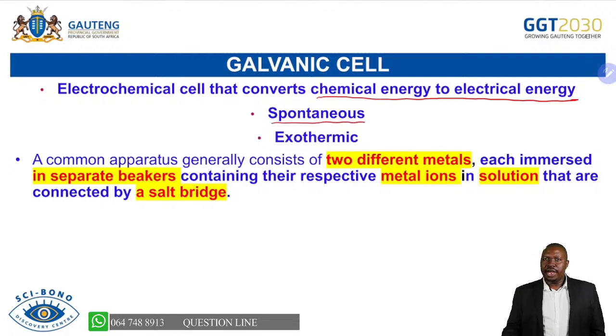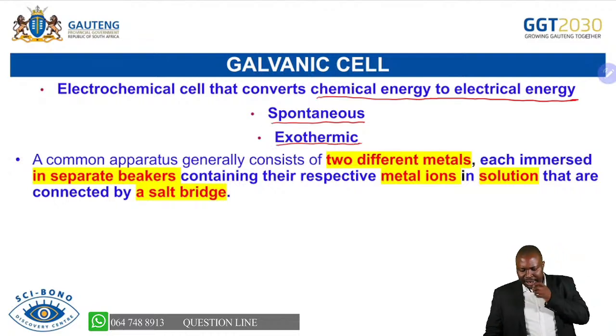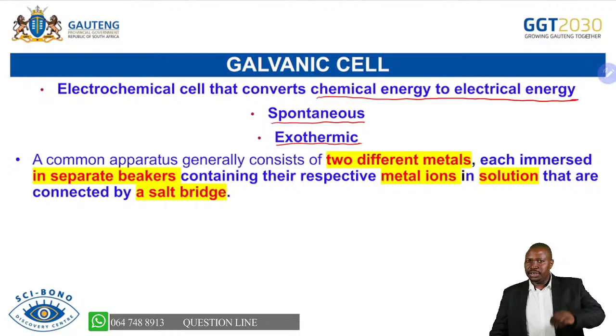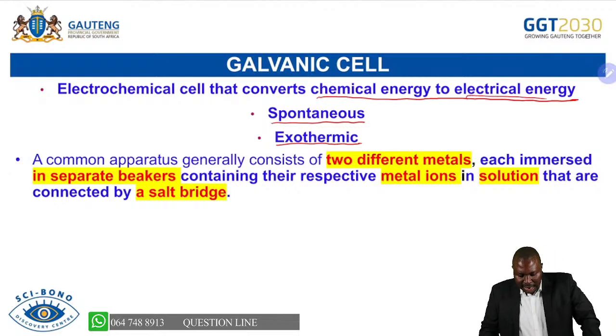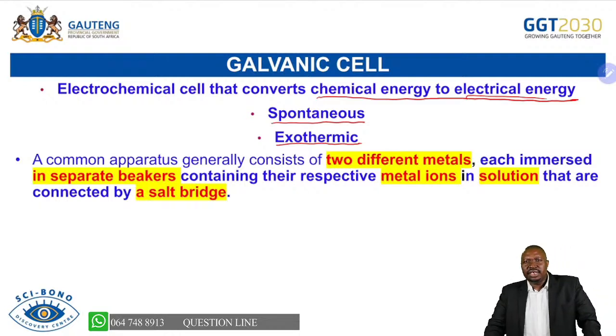It means no energy is added. In fact, it produces energy, it releases energy, it's exothermic. So it's important that you know that this is exothermic, which means it releases energy. It doesn't absorb it, it releases. That's why we're converting chemical energy, we're producing electrical energy. So those are the 3 most important things that you must know with galvanic cell as you start.